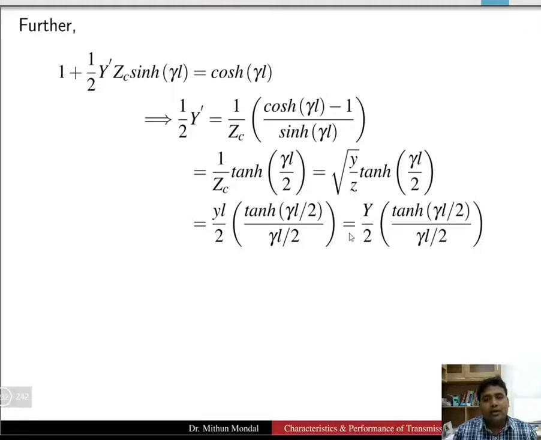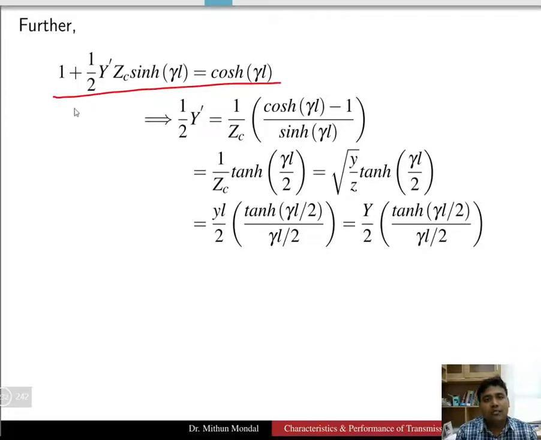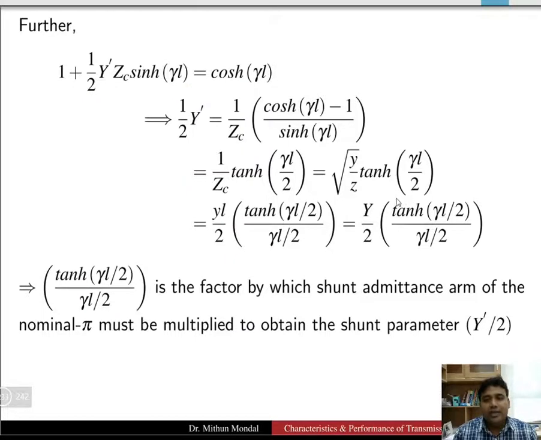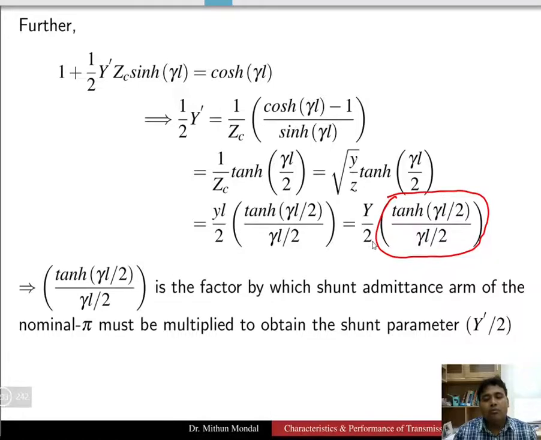Again, equating the second term, we can easily get the value of Y'. Further, if we equate this value with cosh(γL) and solve it step by step, we get a multiplication factor tanh(γL/2) by γL/2. This is the factor by which the shunt admittance arm of the nominal pi must be multiplied to obtain the shunt parameters.